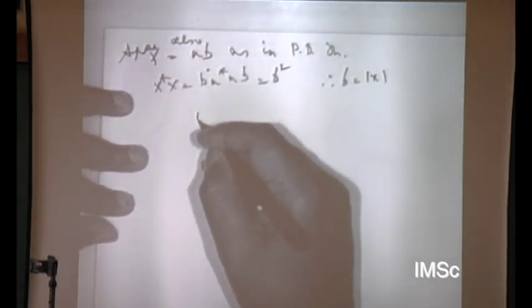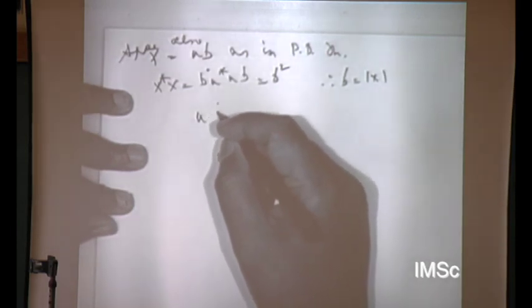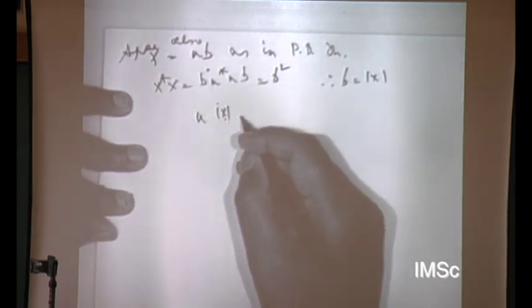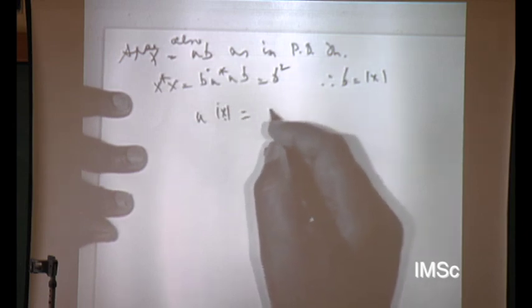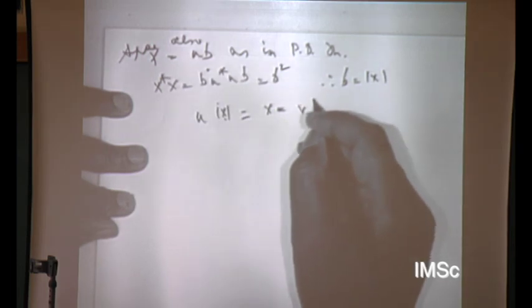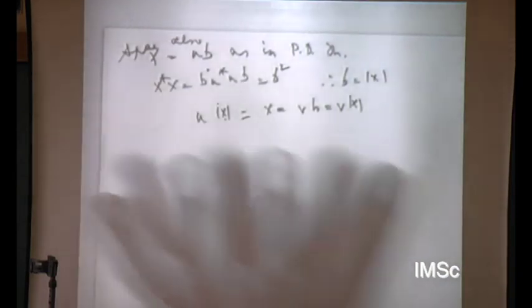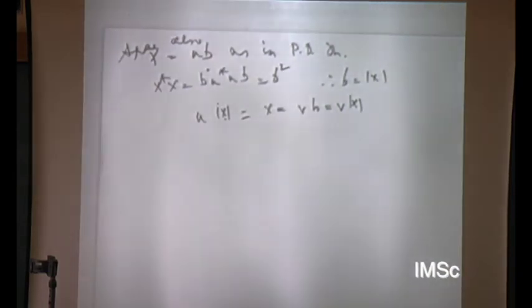But then we find that u mod x must be equal to x, which must be equal to V b, which is V mod x. That means u and v agree on the range of mod x.